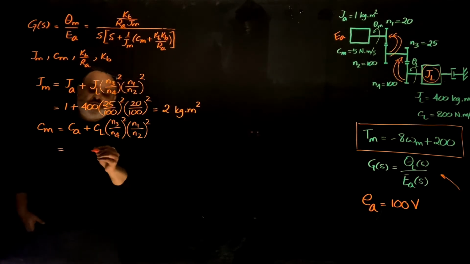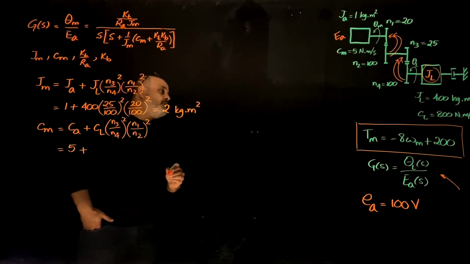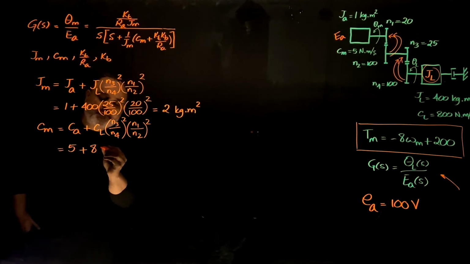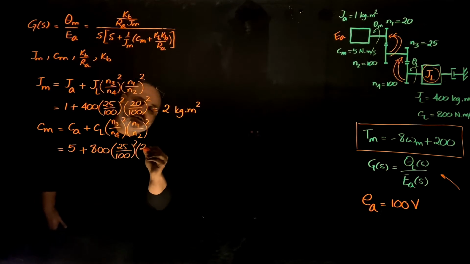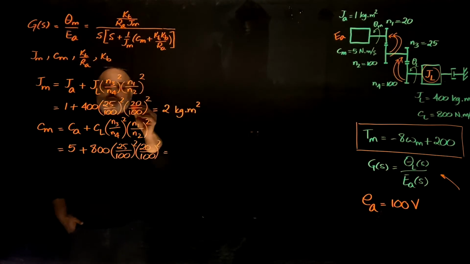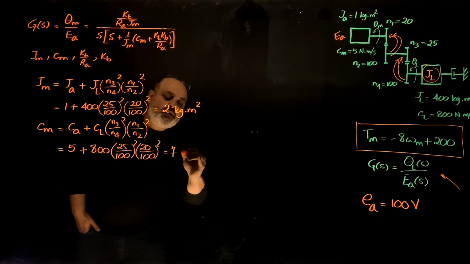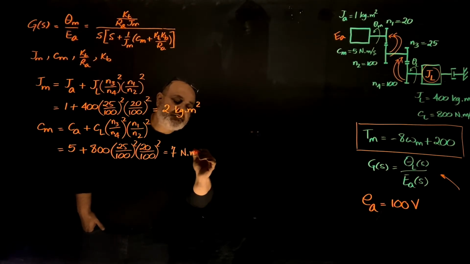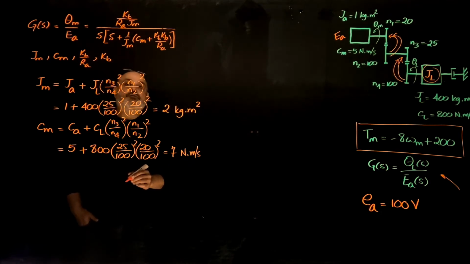Damping at the motor is 5 plus at the load it's 800, 25, 100 squared, 20, 100 squared. This is 1, then this is 2, and 5, that's 7 Newton meter per second. And that's my damping at the motor axis.